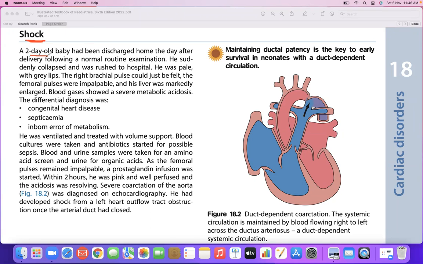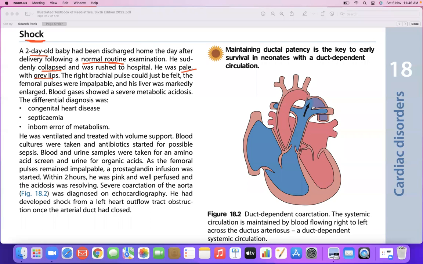So here a 2-day-old baby has been discharged home the day after delivery following a normal routine examination. When the examination was done for this baby, it was normal and he was discharged. He suddenly collapsed and was rushed to the hospital. See the words here, he was pale with gray lips.